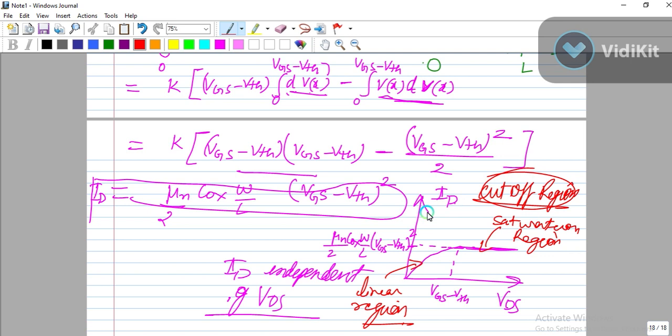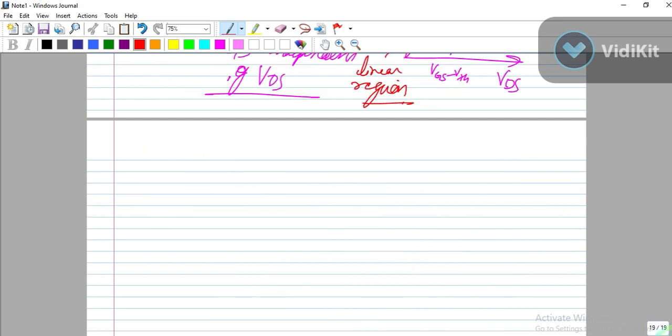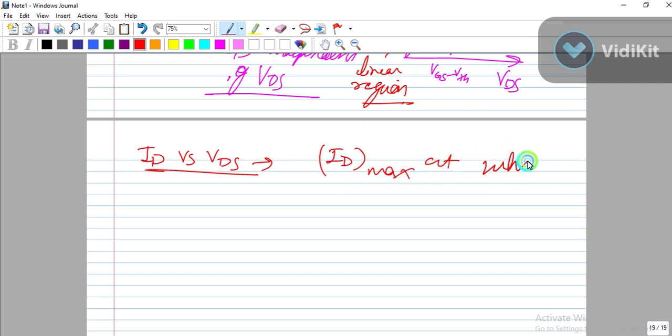So what have we learned today in this lecture? First, we saw ID versus VDS, how to plot ID versus VDS, and how to get the maximum value of ID, and at what VDS value. That is the first point.